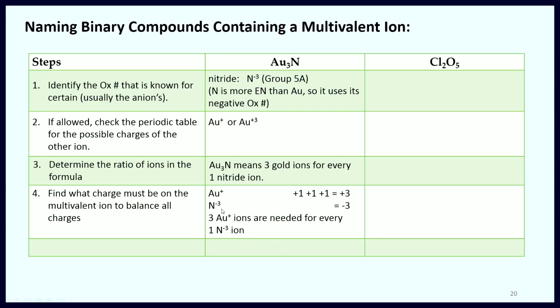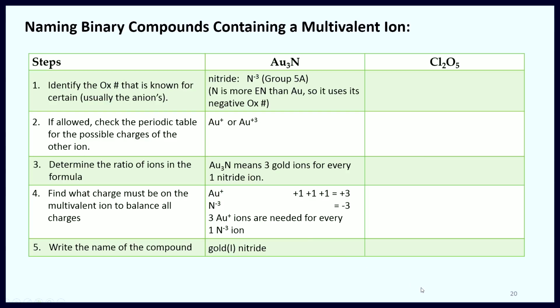Since nitride is -3, and there are 3 gold ions, each one must be +1, such that the total charges are equal. So we need 3 gold +1 ions for every 1 nitride -3 ion. Write the name of the compound. It would be gold 1 nitride, where 1 is the oxidation number of the multivalent cation.